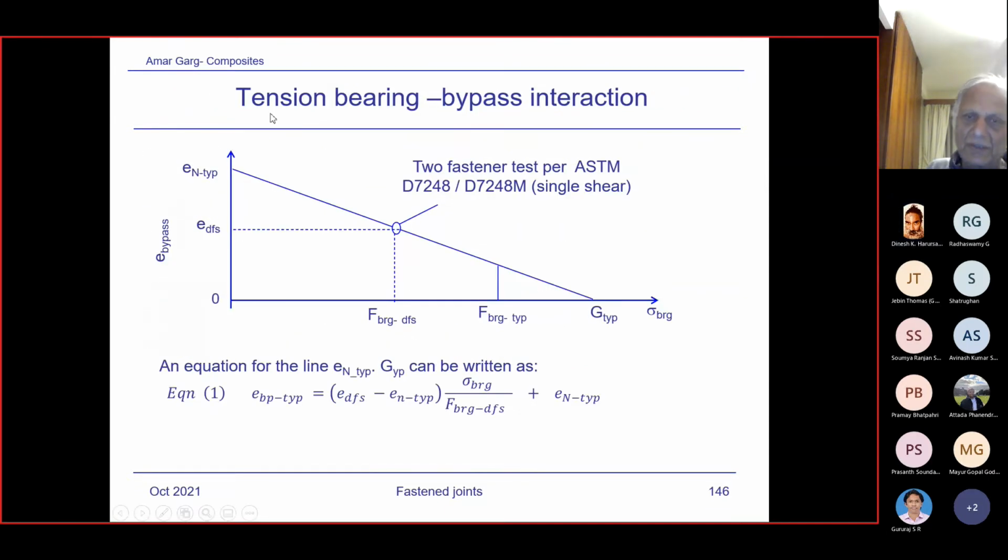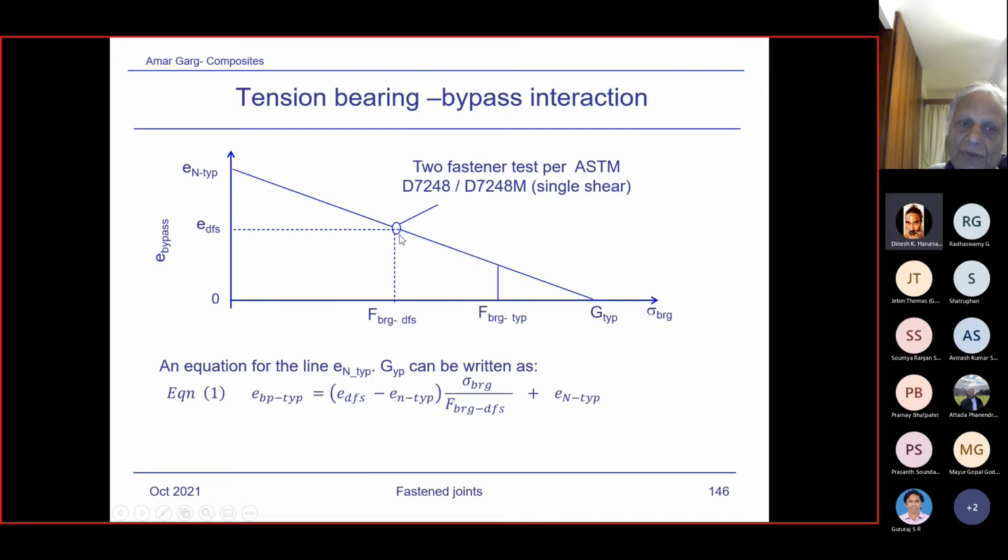So what happens when you have the two fastener data, you are getting this point from the test, you get another this point from test. So what happens then? You know this point from En, that is the lower of open hole tension and filled hole tension. So this point is known. This point is known from two fasteners test.